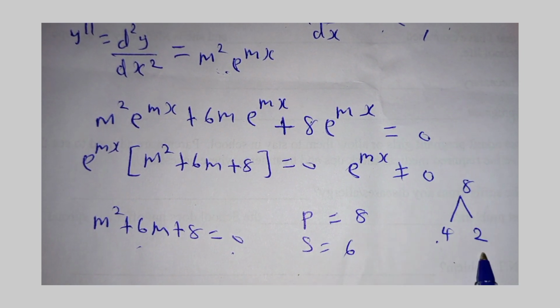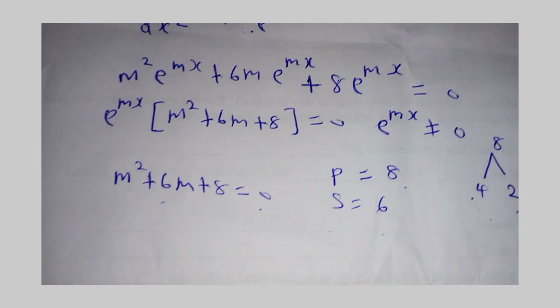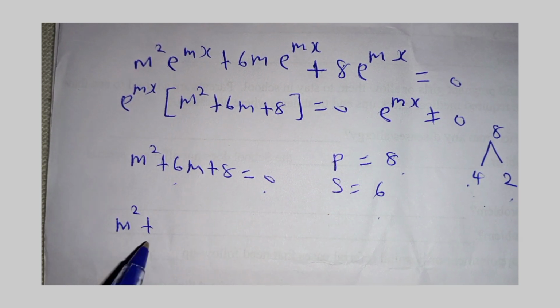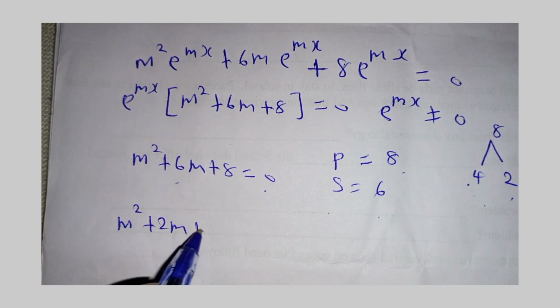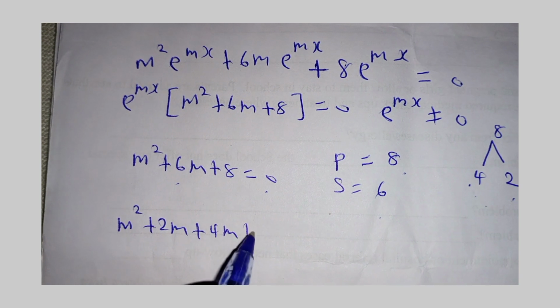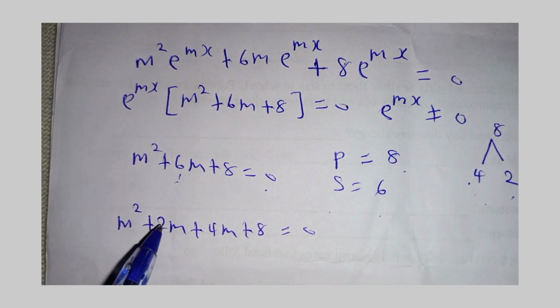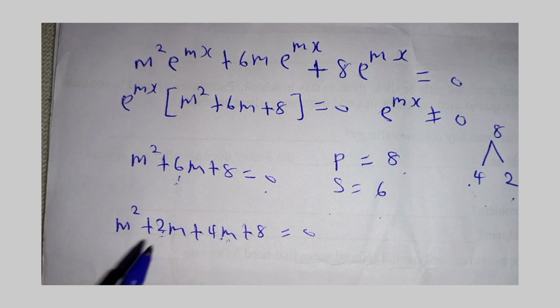So 4 times 2 is 8, and 4 plus 2 is 6. So that is what you are going to use to factorize. So you have m squared plus 2m plus 4m plus 8 is equal to 0. We have substituted 6m with 2m and 4m, which is the same.